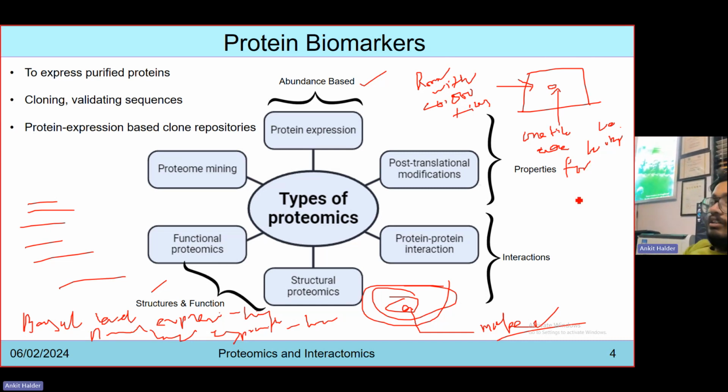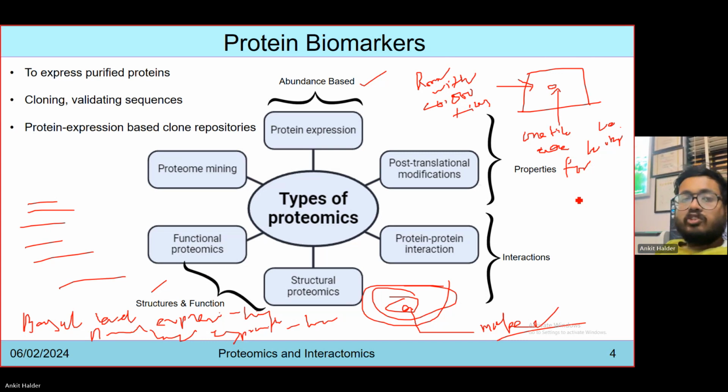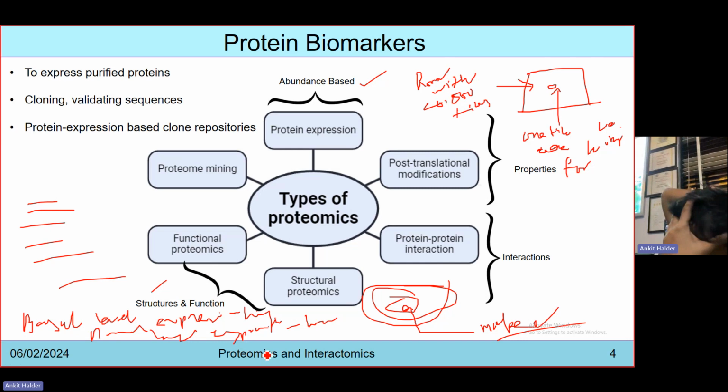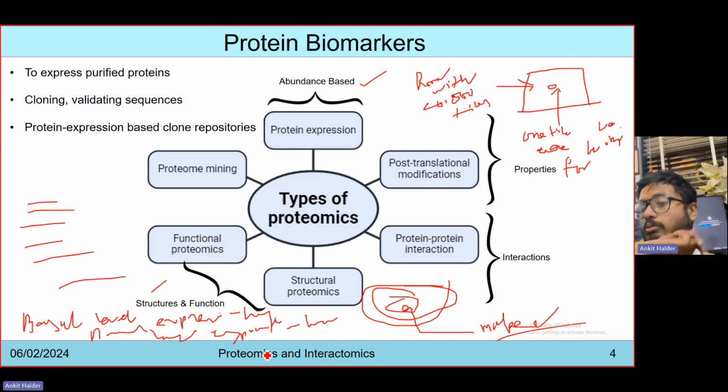Among all those files, you would be trying to find that particular file kept in the middle of the room. This is how we find markers in abundance-based expression: among the 5,000, 6,000 or 7,000 proteins identified, we are trying to measure which particular protein marker can be taken forward for the actual identification of markers.